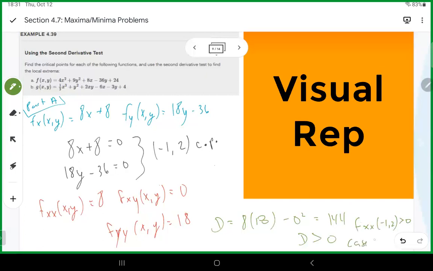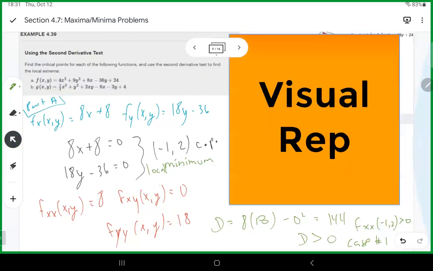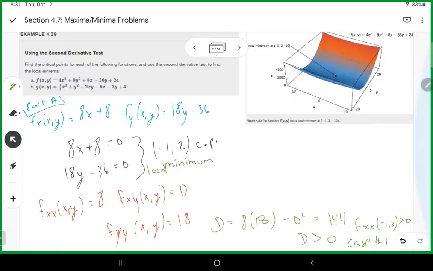Therefore, the function f has a local minimum at (-1, 2). And I will show you the visual that we have.